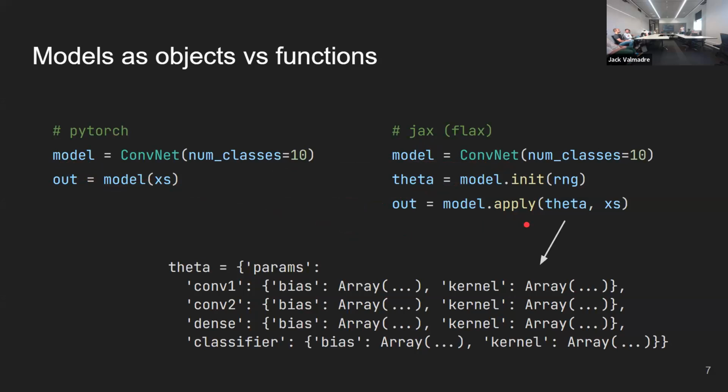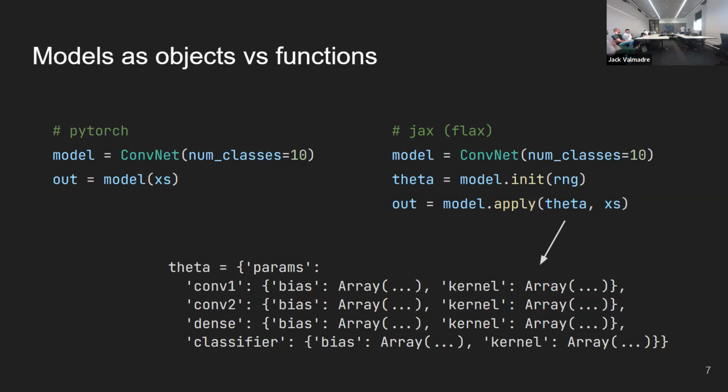So you can see that's what I mean by object versus function. In PyTorch, the parameters are kind of inside the object, the model. And in JAX, the model is a definition of the function form, but you still need to give it the theta as an input.